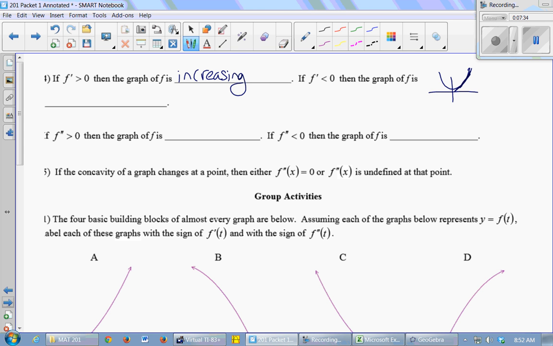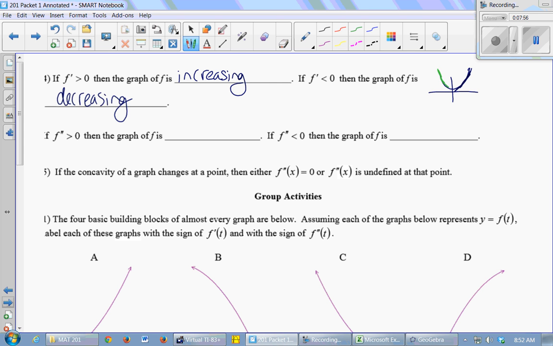It's increasing. And if f prime is negative, then the graph of f is what? Decreasing. So look at this little picture I drew over here. Over here, we have negatively sloped tangent lines, and the function is decreasing there.